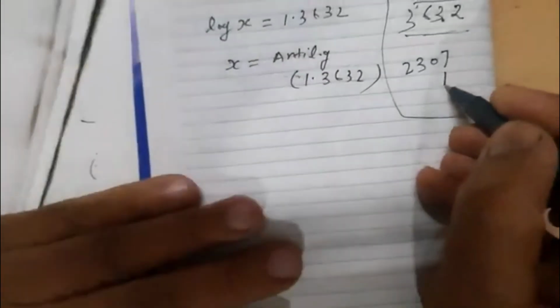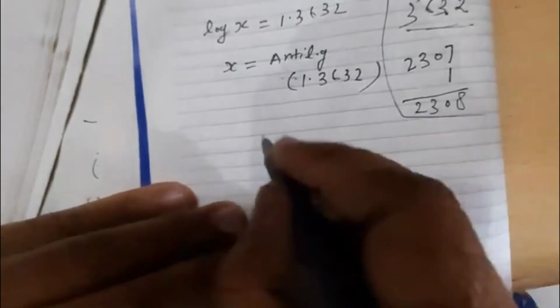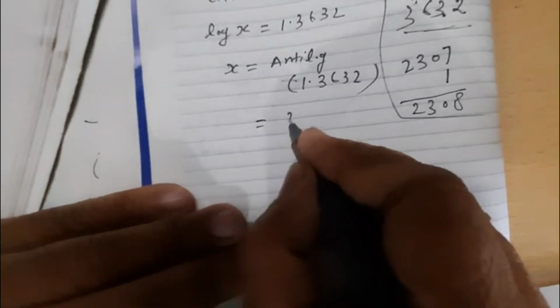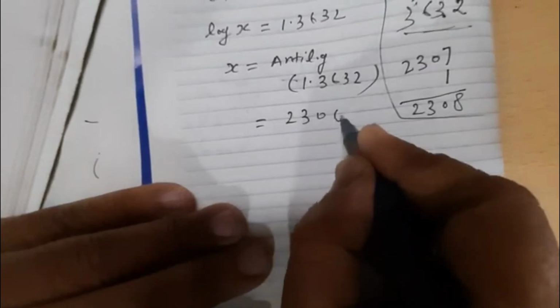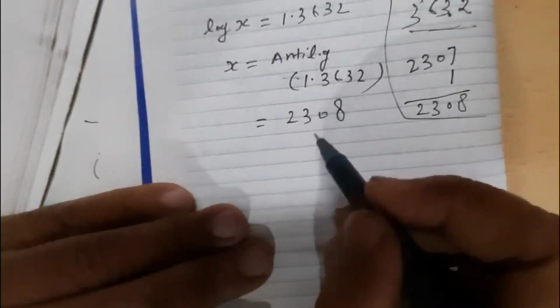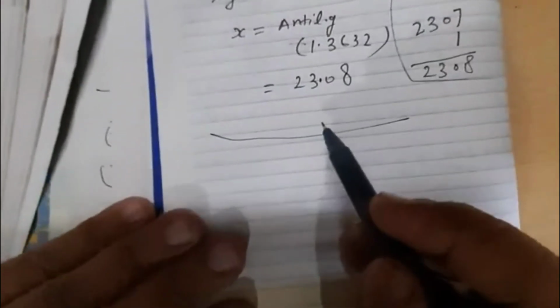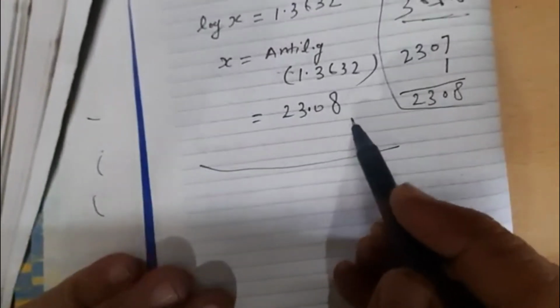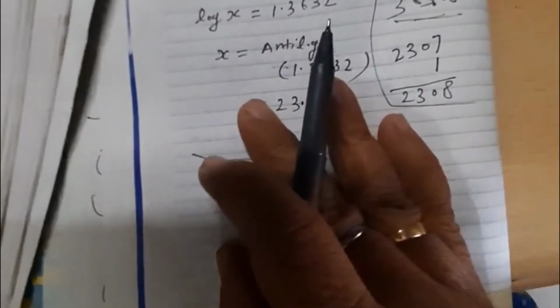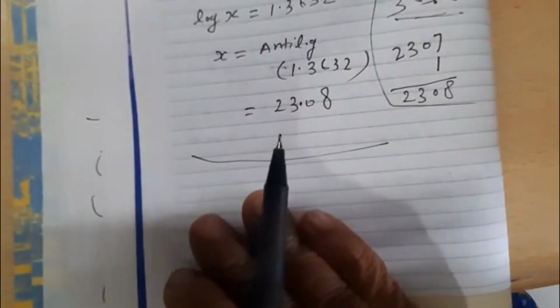We add 1 here and get 2308. Here the characteristic is 2, so two places before the decimal. You can now check this log value, and the anti-log value is 2308. In this way we can use the log tables.